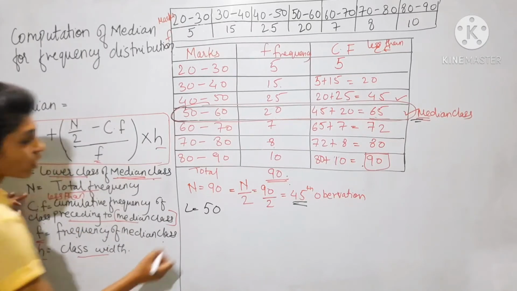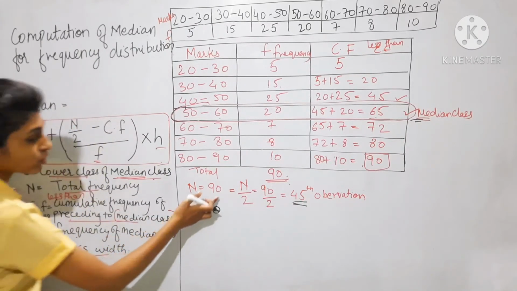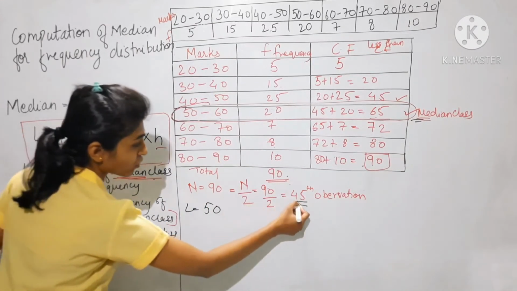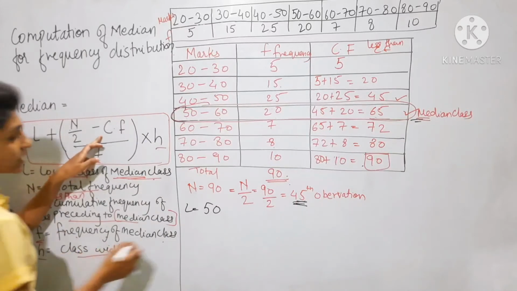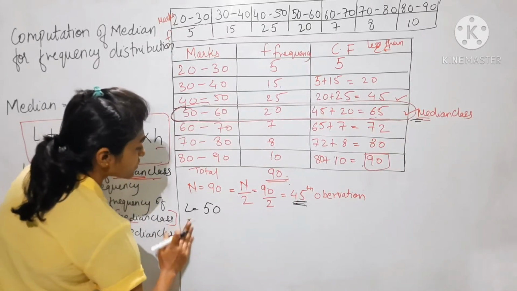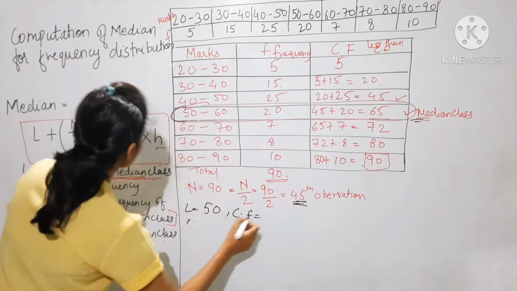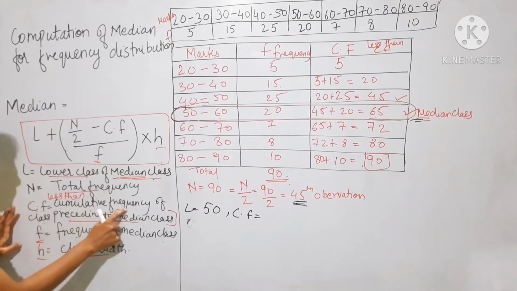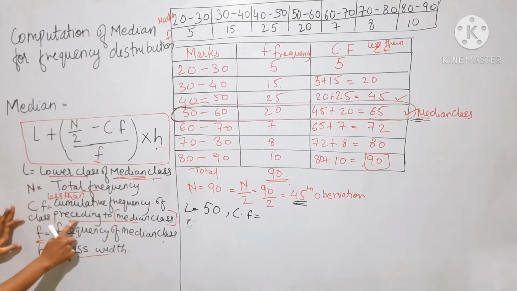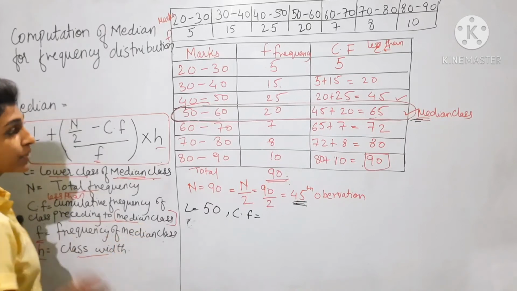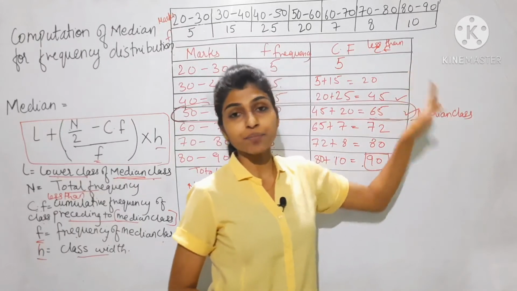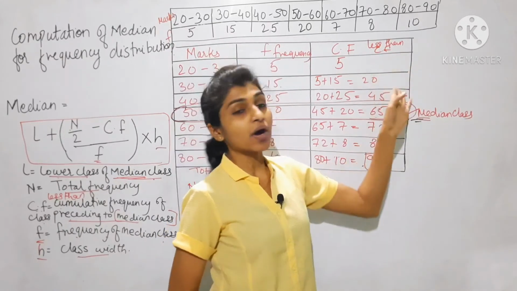Next, n upon 2, we already got that, 45. Now CF is what? Cumulative frequency. In the formula they have given the explanation: CF means cumulative frequency of the class preceding the median class. Preceding the median class means the number which is above the median class.